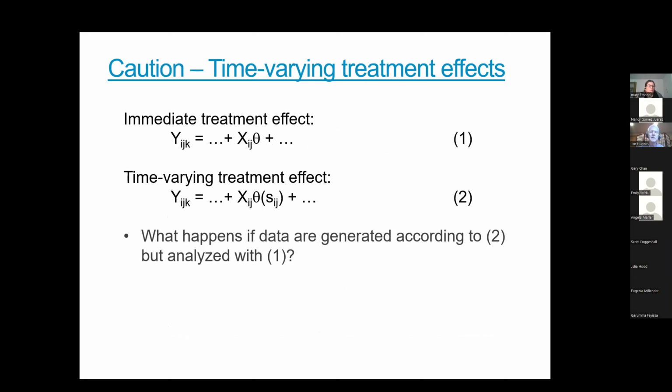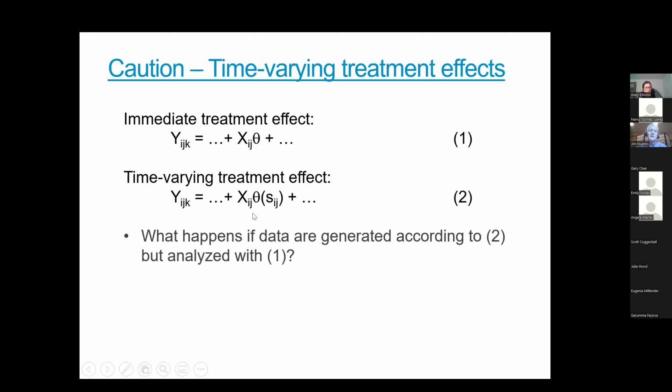So I want you to consider basically all the models I've been showing, forget all this other stuff, as the immediate treatment effect model. X is 0 or 1: 0 when the treatment is not in cluster i at time j, 1 when it is, and you get the full effect immediately in that cluster at that time when you introduce the intervention.